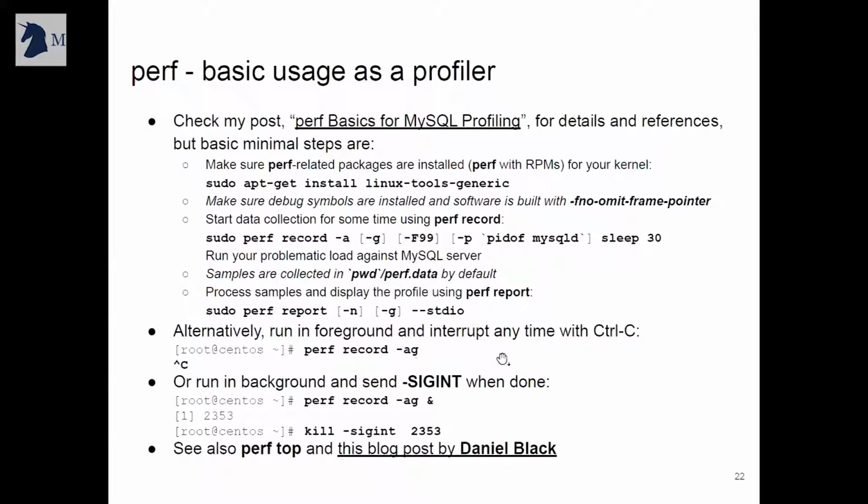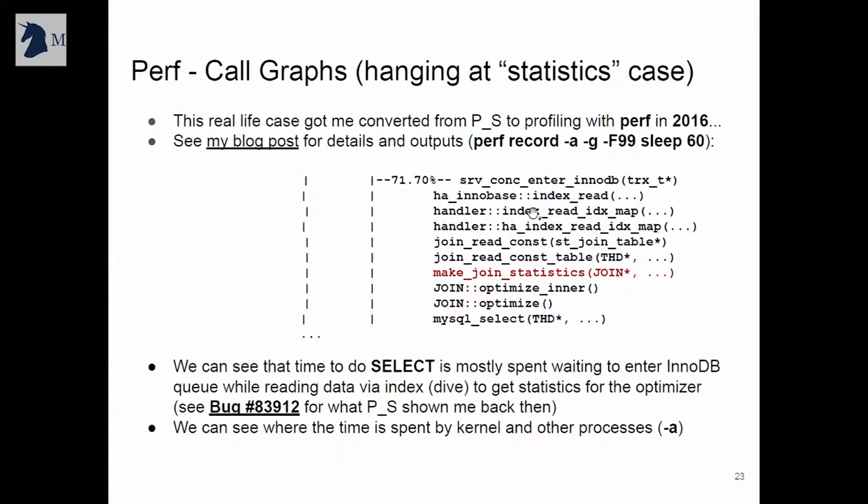You can trace forever or for a specific time with sleep, as I did, or until you kill the process. And then you can process this information with perf report. And in perf report, if it was collected with -g at a specific frequency, you can see how many samples, the percentage of samples with specific stack traces, during the entire process of execution.